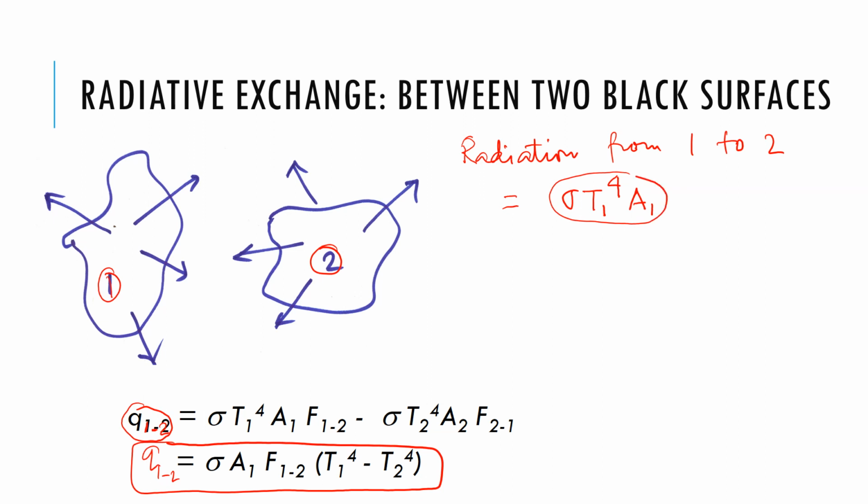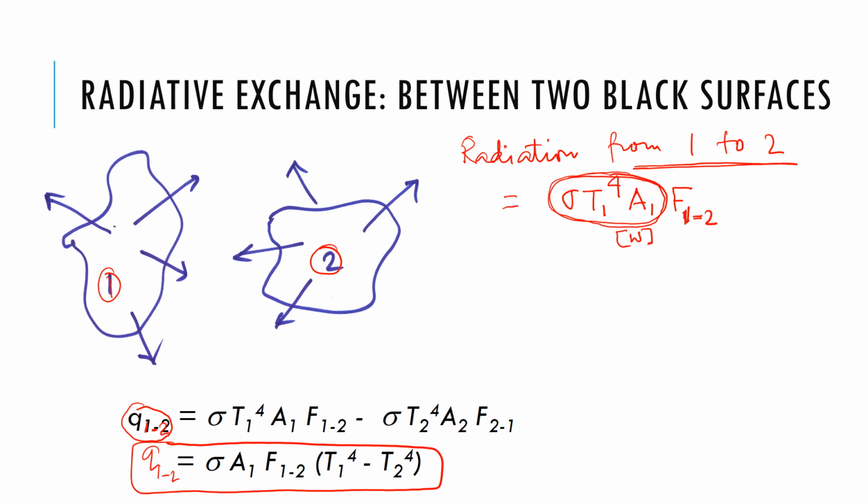So this is the watts leaving area 1. How much of that would be reaching 2? This has to be multiplied by the view factor, because view factor says, by definition, it's the fraction of this energy that will be intercepted by 2. So this is radiation from 1 to 2.